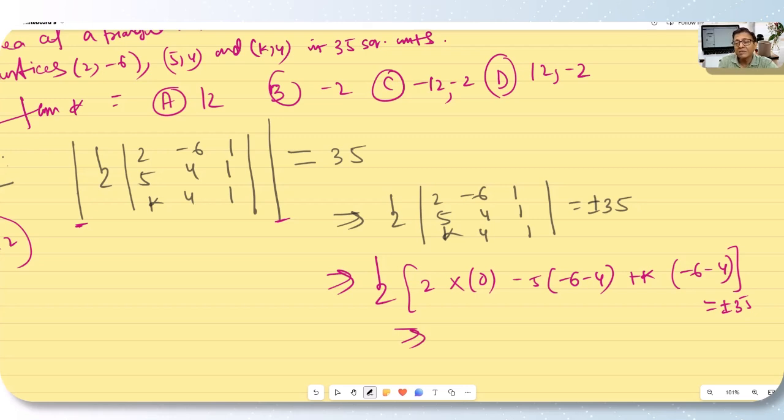This implies this is 50 minus 10K equal to plus minus 70.